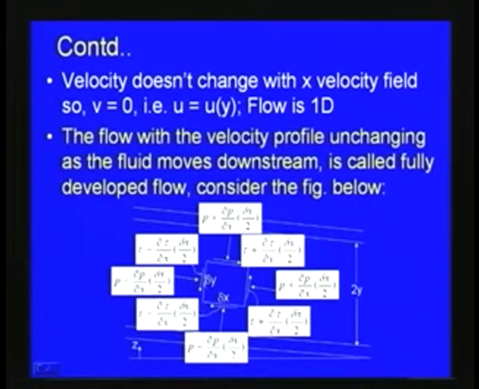In a similar way, on this face the shear stress is tau minus del tau by del y into delta y by 2, and here tau plus del tau by del y into delta y by 2. So, for this particular case, the forces acting are the pressure forces on the fluid mass of size delta x by delta y which we consider, and the shear forces due to the corresponding shear stresses on all the sides of the fluid mass.